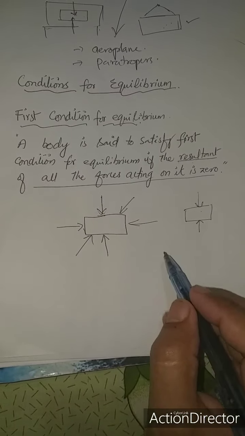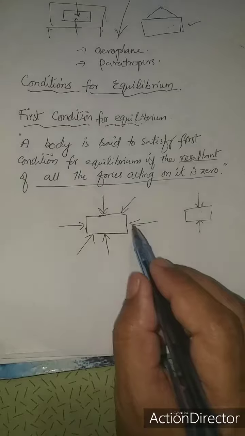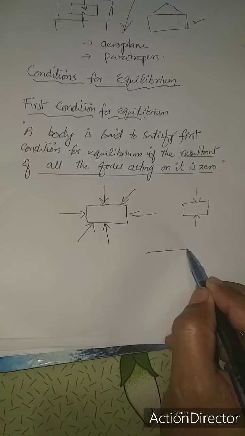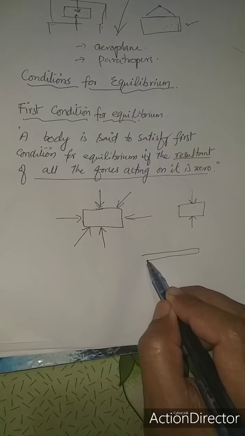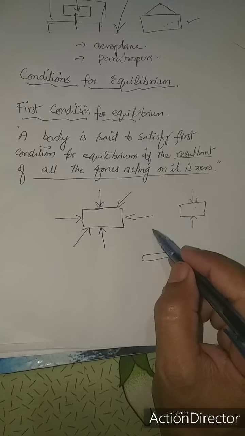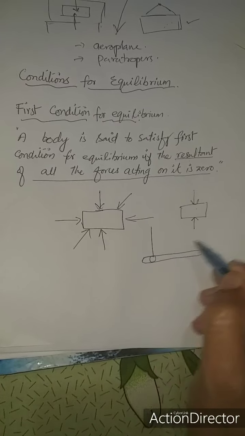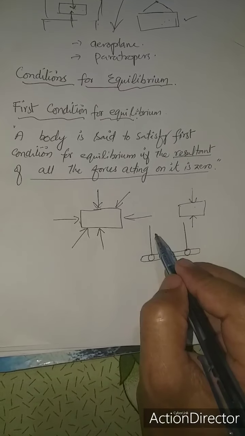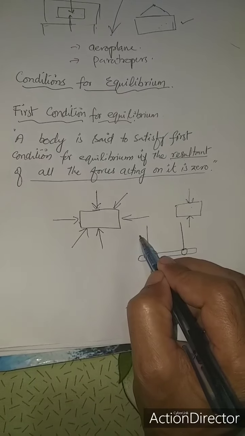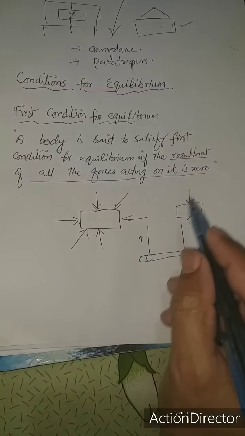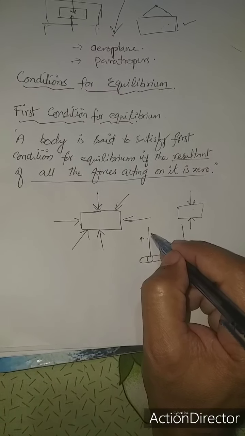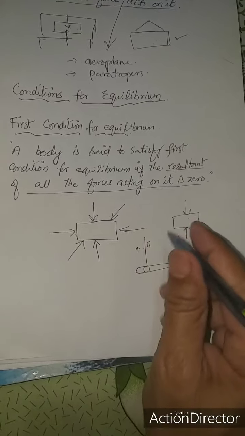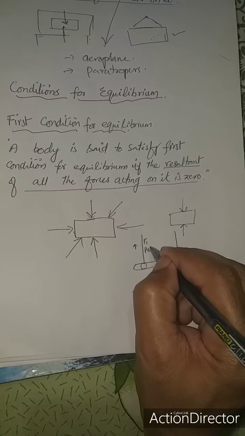We can also elaborate this first condition of equilibrium with another example. Suppose we have a log of wood, and it is hanging with two ropes. Here we can see that this is rope 1, and it has an upward force in the form of tension. We denote this force by F1, and it is an upward pull, right?